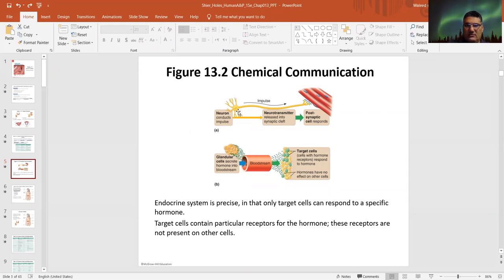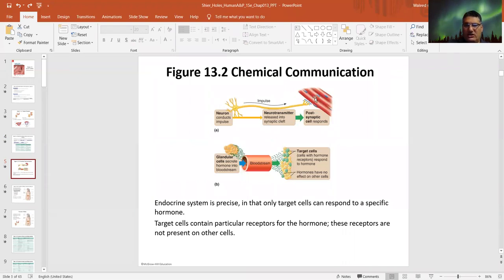Here is a neuron, and at the end of the neuron, you can have another neuron here, or you have a muscle in this case, which we call the postsynapse. Post means after, pre means before. So here is the dendrites, the body, the axon terminal, until you go to collateral, synaptic knobs, and so on.